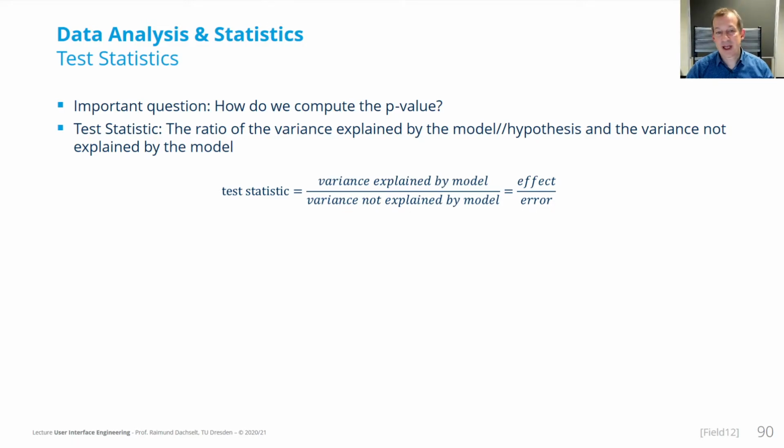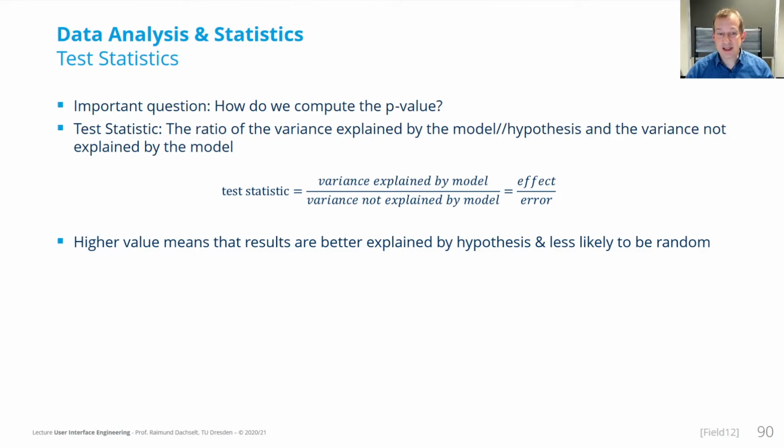But now the question is, how can we compute that magical p-value? There's some test statistic. It's basically the ratio of the variance which is explained by the model or the hypothesis, and the variance not explained by the model. So the variance explained by the model is basically the effect, and the variance which we cannot explain by the model is the deviation, the error basically.